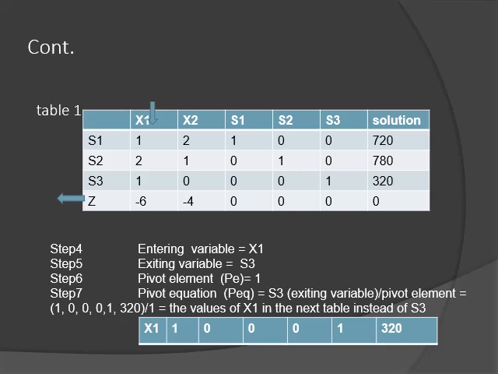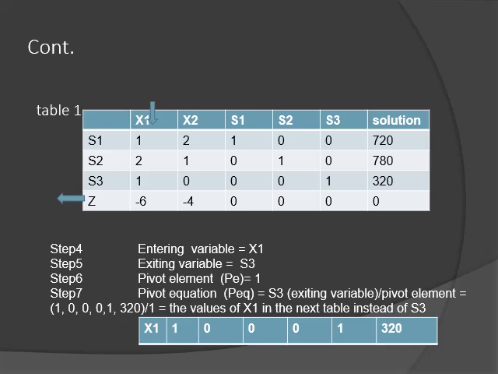So step 5 is to determine the exiting variable. Now, as we mentioned before, by division, the column of solution by the column of x1, except negative and 0 values, the exiting variable is S3.